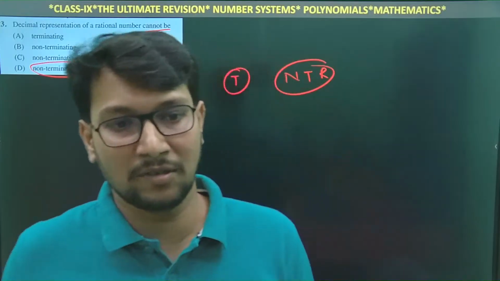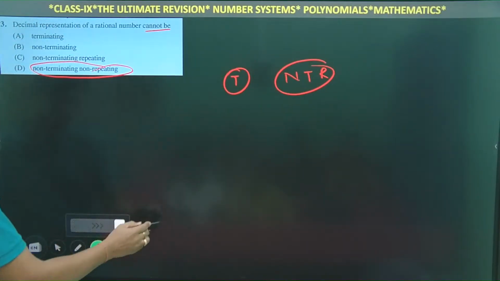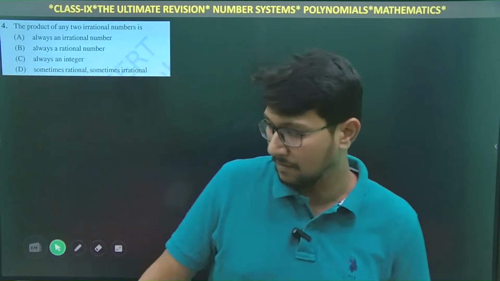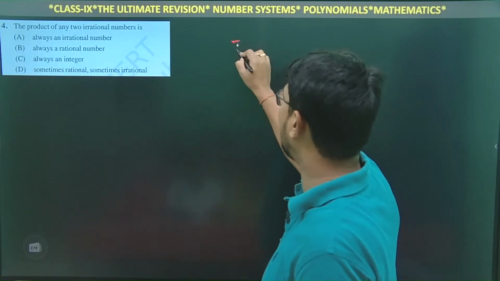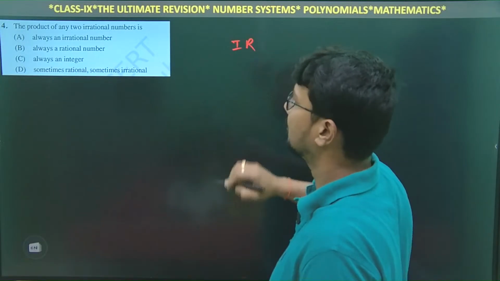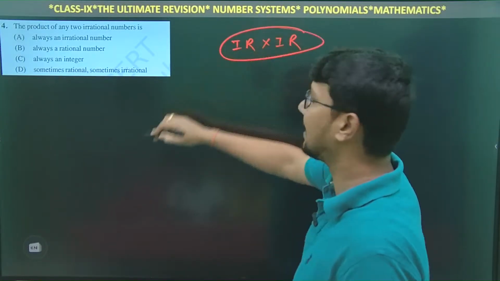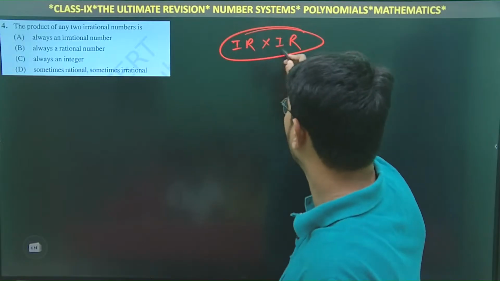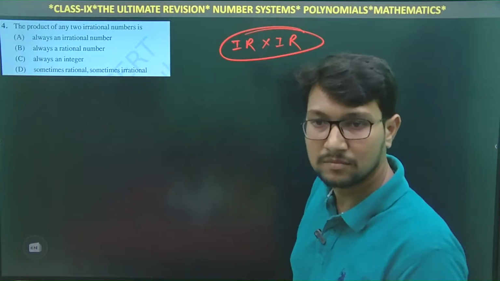Any doubt now? Okay, chalo, let us move to the next question. The product of any two irrational numbers is irrational times irrational. Give one example: which two irrational numbers multiply to give a rational number?